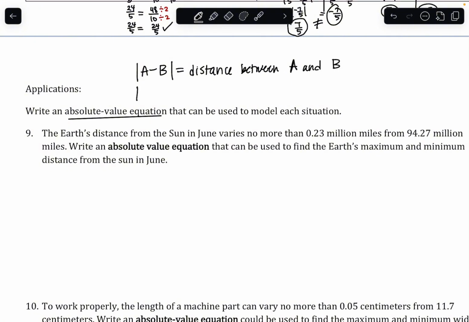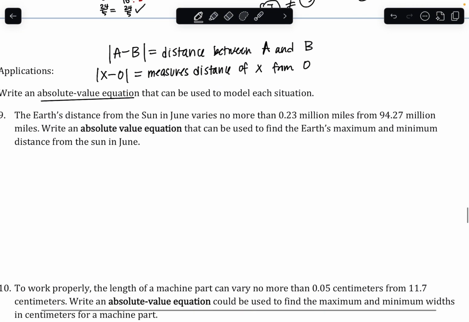So for example, if you see absolute value of X, that measures distance from 0. And so you can think of it as x minus 0 in the parentheses, which would simplify to x.